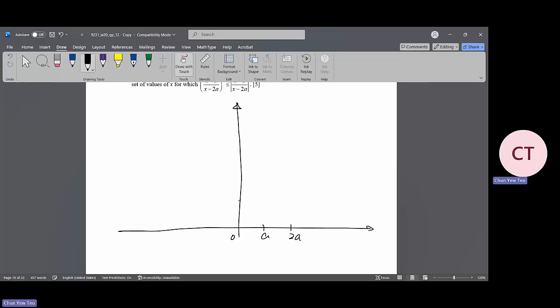This is 0. This is 1. This is a half. This is a vertical asymptote. That is x. That is y. Okay. So your C3, we draw C3 first.